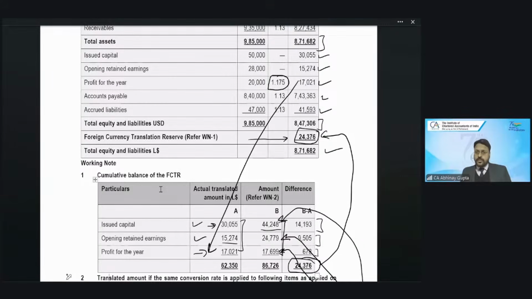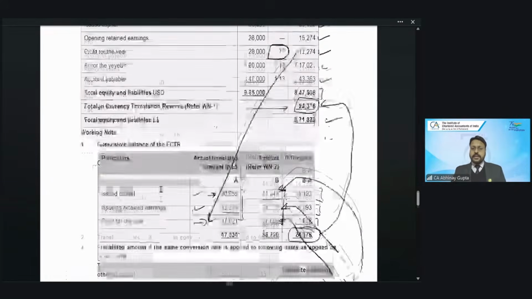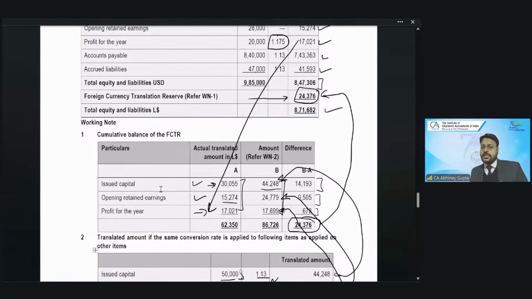So we need to be very careful how the conversion is to be done. It's not always multiplication. It can sometimes be division as well, on the basis of the relationship between the two currencies. And the third, foreign currency translation reserve, we need to present, and we can present it in tabular form in this fashion.